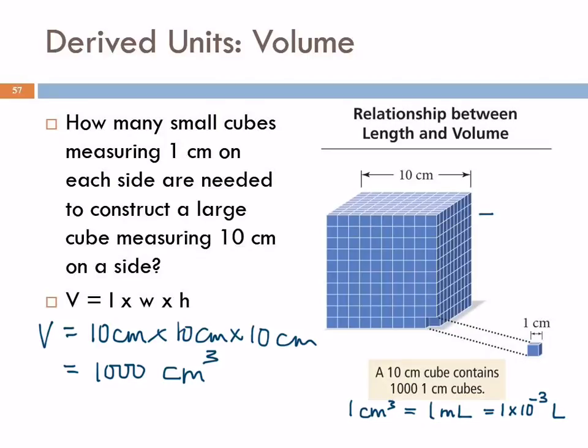So the volume of this large cube is 1,000 cubic centimeters, which is equal to 1,000 milliliters, which would be 1,000 times 10 to the minus 3 liters. And 1,000 times 10 to the minus 3 is 1. 1 liter. 1 liter is 1,000 milliliters.